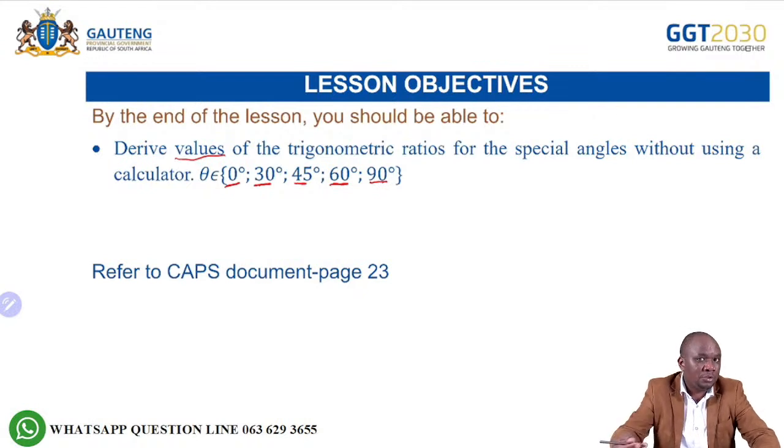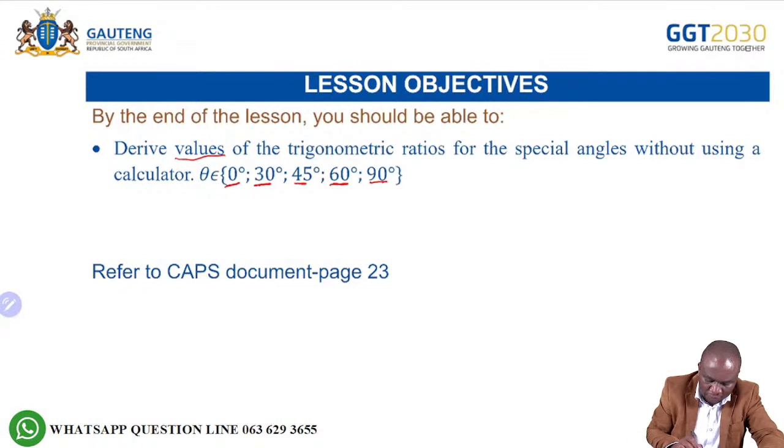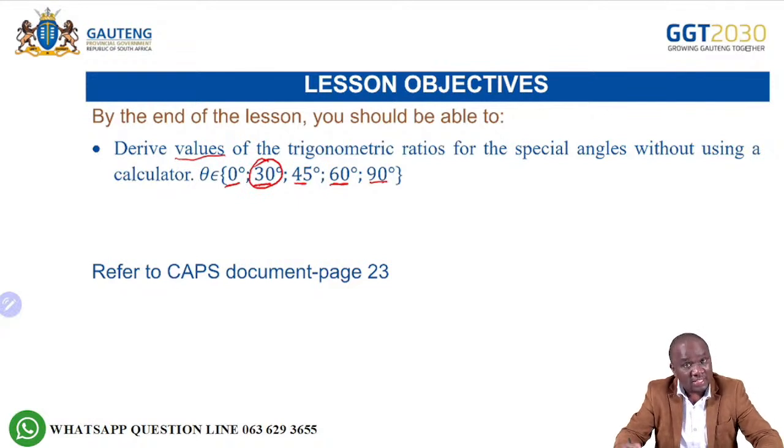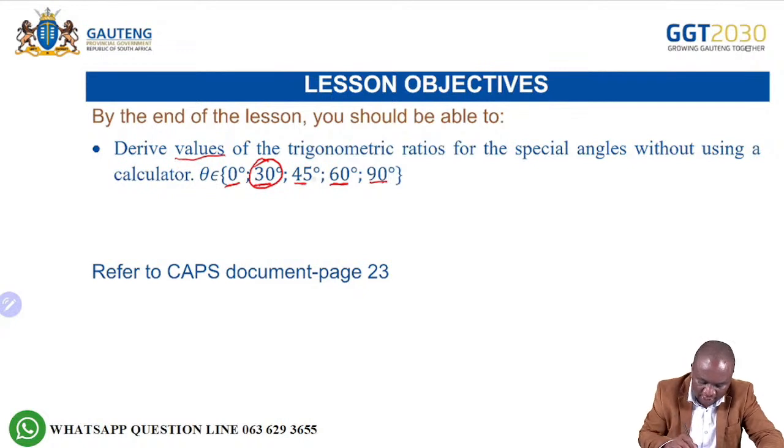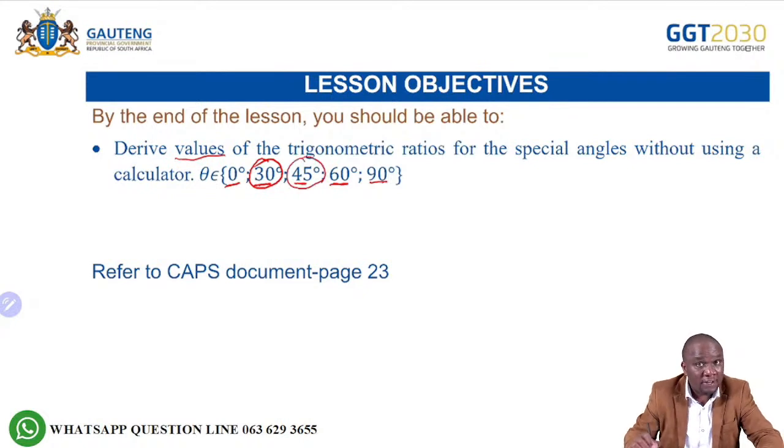Also, we're going to talk about 180 degrees, 270 degrees, and 360 degrees. But deriving, we're going to see how the values of the trigonometric ratios, like sine 30, cos 30, tan 30, are derived. And then also we'll talk about the 45 degree one and the 60 degree one.